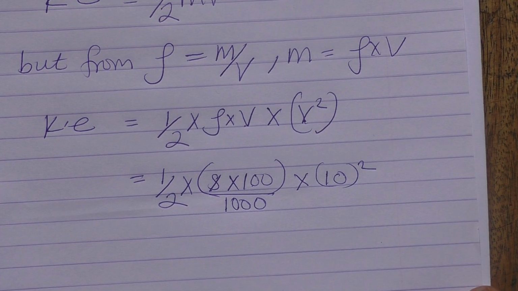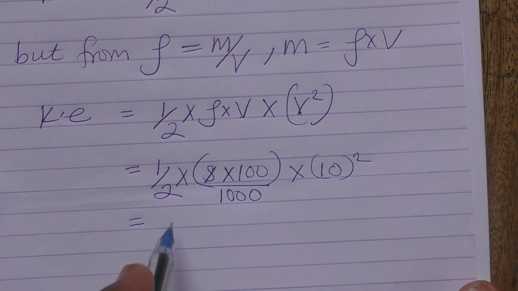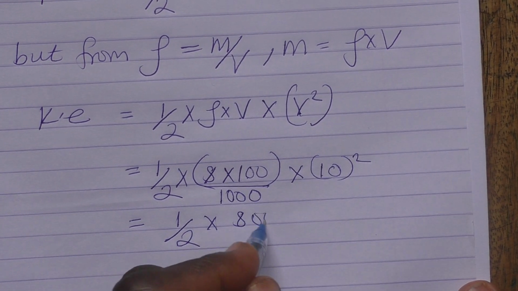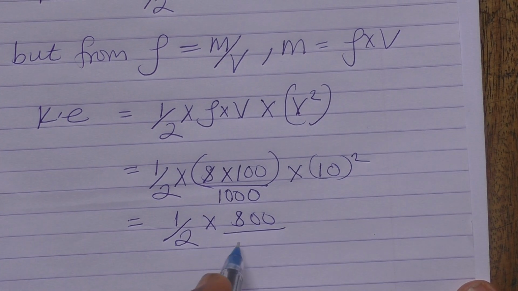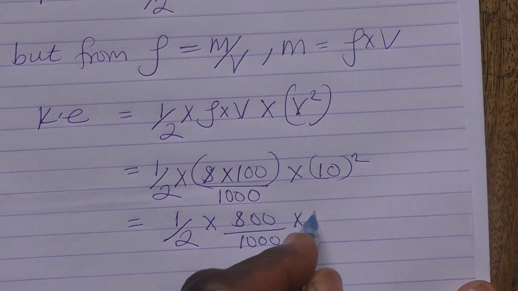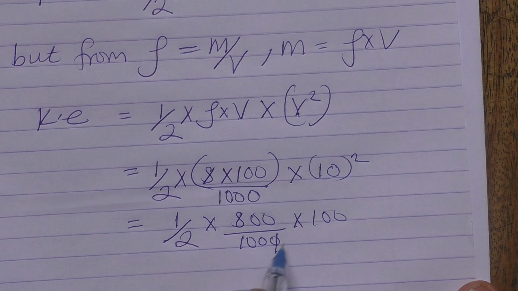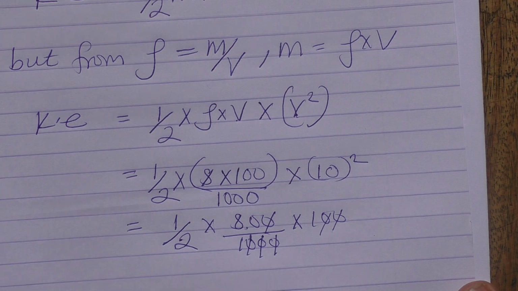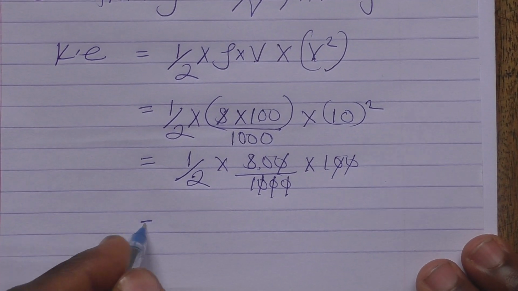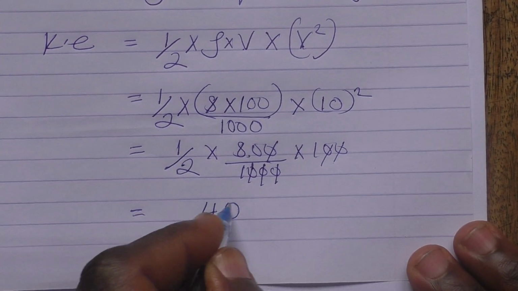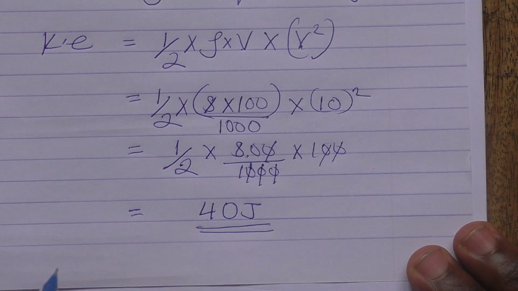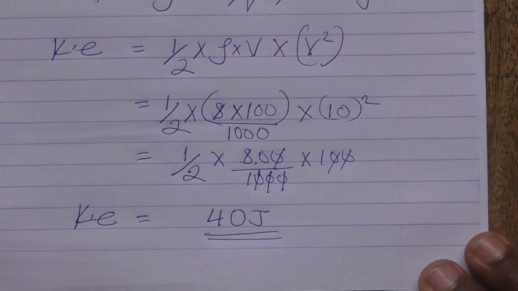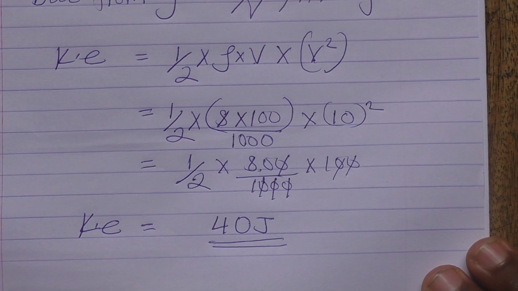So we can manipulate this. This is times 800 over 1,000 times 100. We reduce the number of zeros. A half of 80 is 40. So that gives us the kinetic energy as 40 joules. So that is how we shall get the kinetic energy of the body.